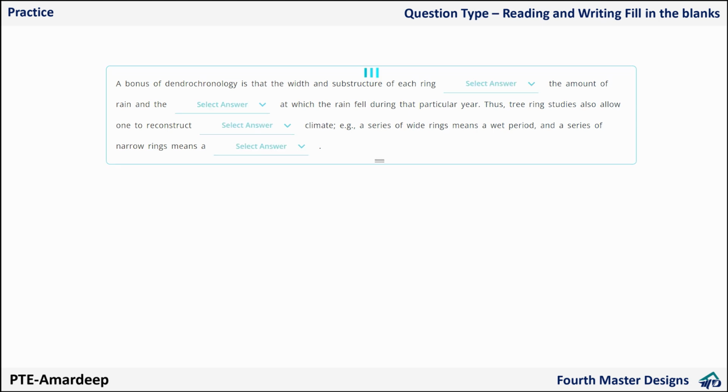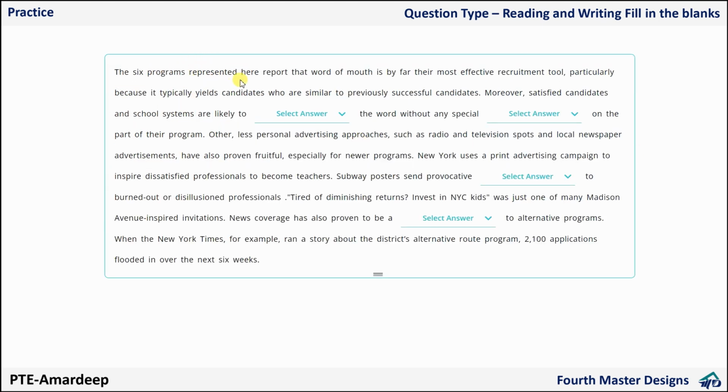Now the next one. The six programs represented here report that word of mouth is by far their most effective recruitment tool, particularly because it typically yields candidates who are similar to previously successful candidates. Moreover, satisfied candidates and school systems are likely to dash the word without any special dash on the part of their program.